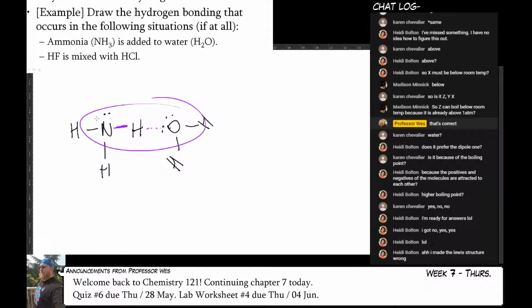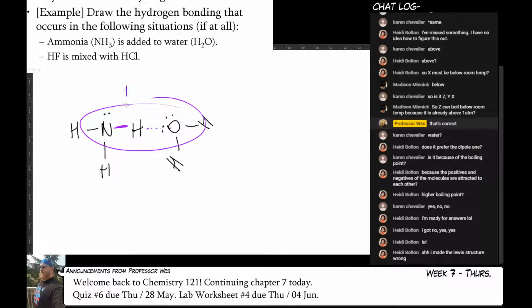Now, you could have done this the other way. You could have used the water to give its hydrogen to the nitrogen, and then I would have instead put the water up here somewhere. In that instance, the roles of the molecules would change.